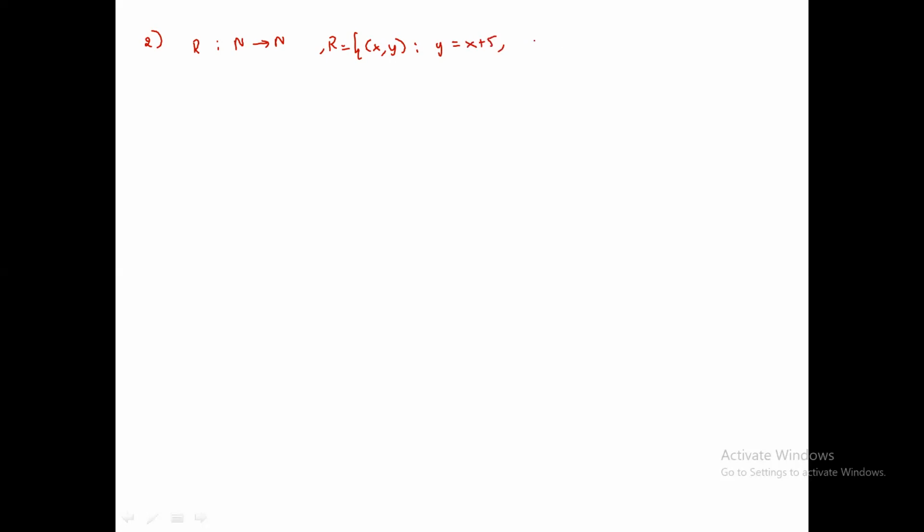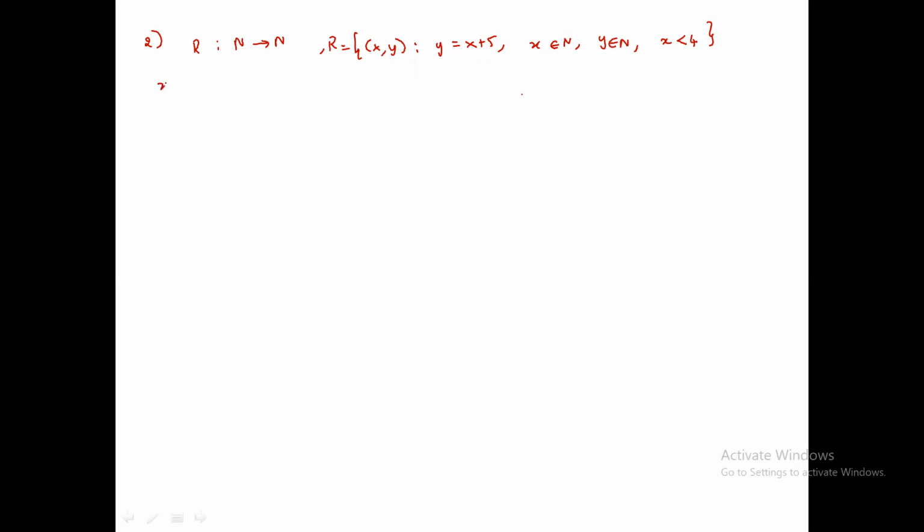And then they said x is a natural number, y is a natural number. Apart from that, they said x is less than 4. This is the condition. You have to write the relation in roster form, domain, and range.